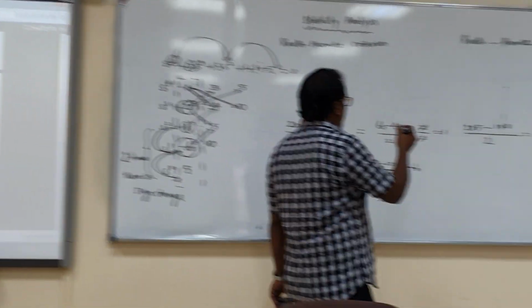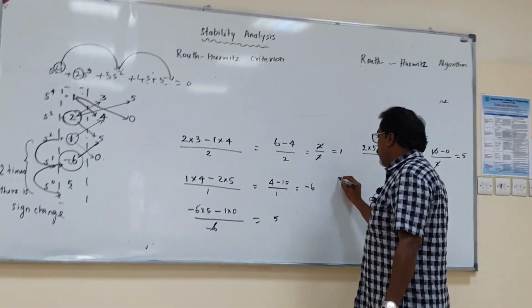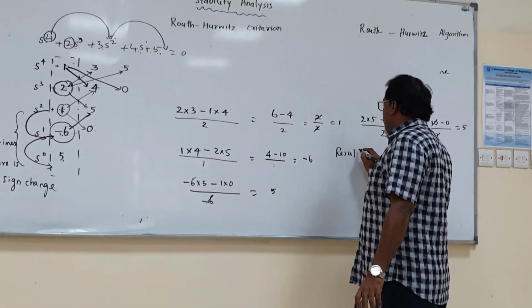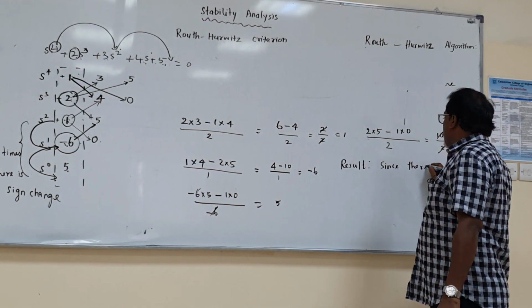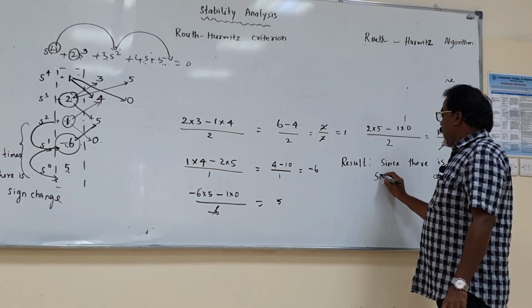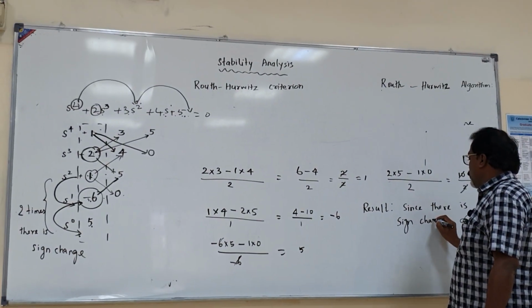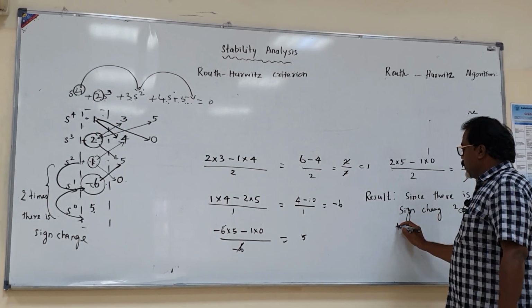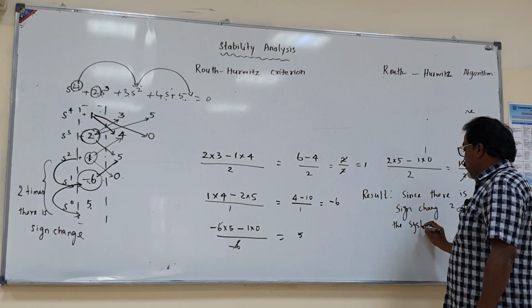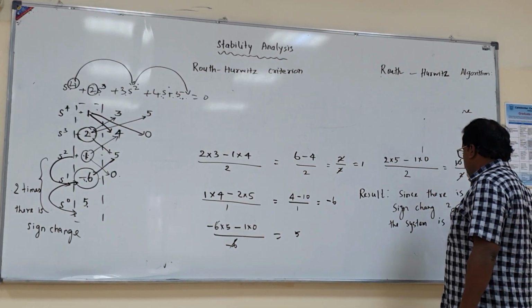So, prediction number 1, I can find out the result. Since there is sign change 2 times, the system is unstable.